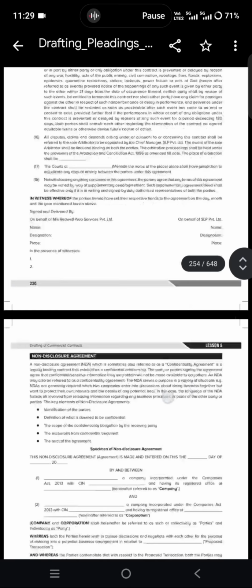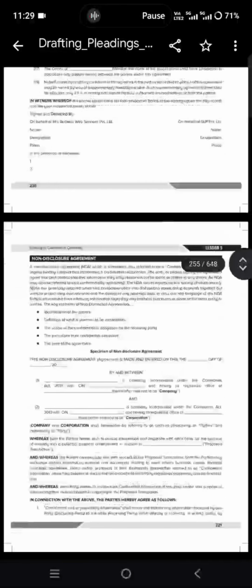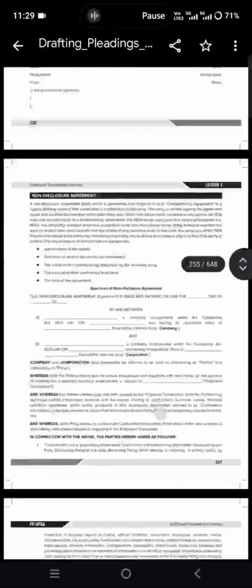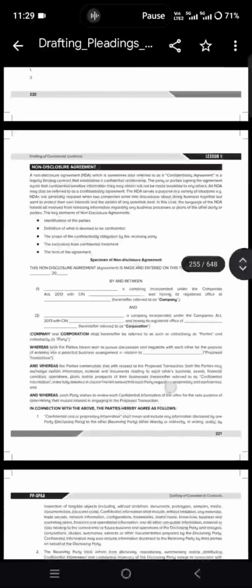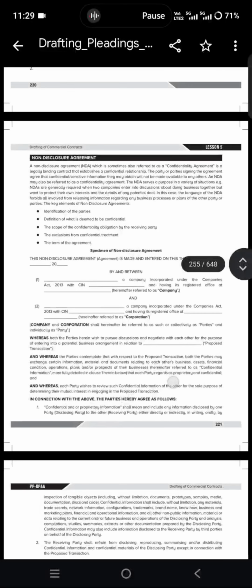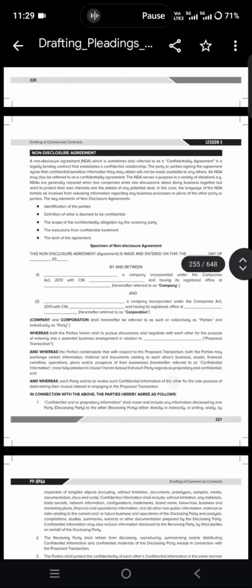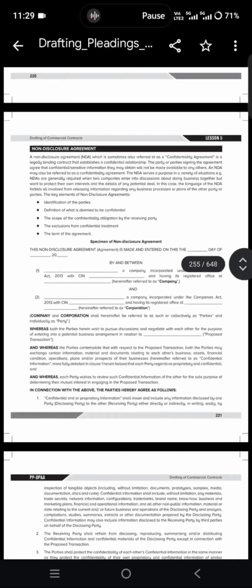A click wrap agreement is mostly found as a part of the installation process of software packages. It is also called a click through agreement, or click wrap license. So this is also known as click through, click wrap, web wrap. Three names are there. Like when we watch any movies on OTT, this is the thing we go through.